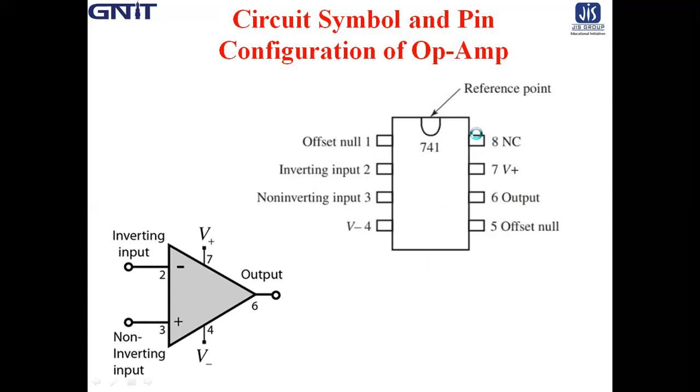It consists of 8 pins. 1 and 5 are offset null. Pin number 2 is inverting input. Pin number 3 is non-inverting input. Pin number 7 is plus VCC supply voltage and 4 is minus VCC, and 8 is no connection, and from 6 we get the output.